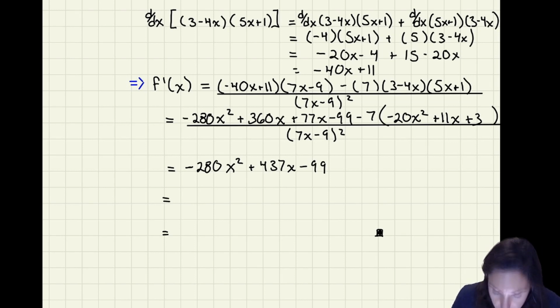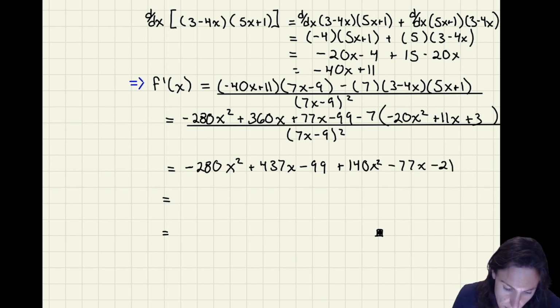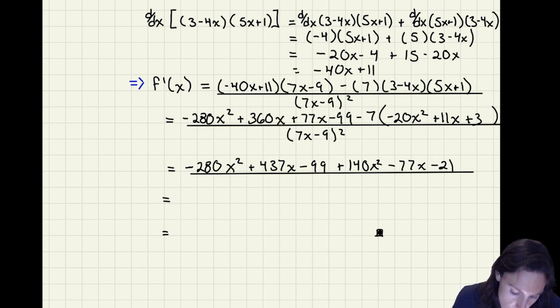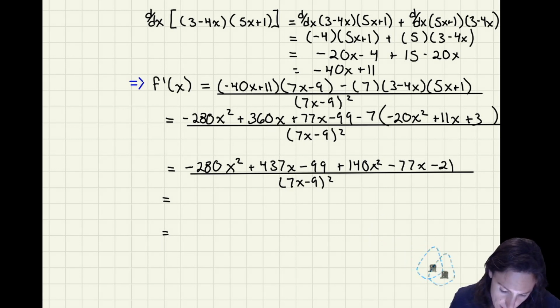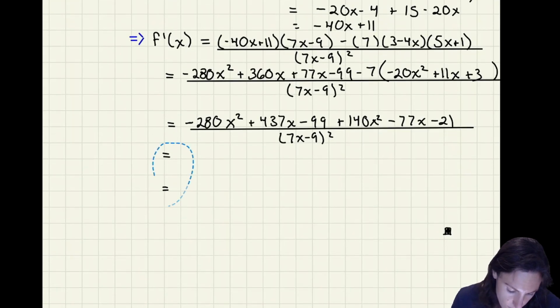Okay, so then we're going to have plus 140x squared. And then we're going to have minus 77x and then minus 21. And then again, this is all divided by 7x minus 9. And then we're going to square that term. All right, let's move this down a little bit.